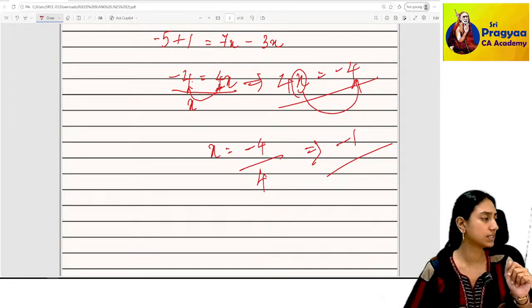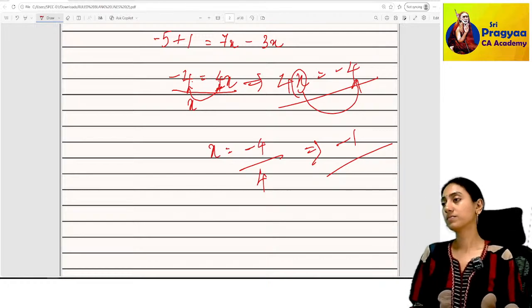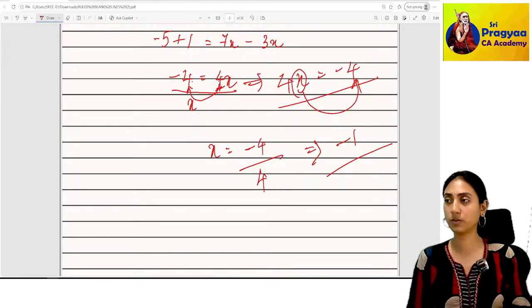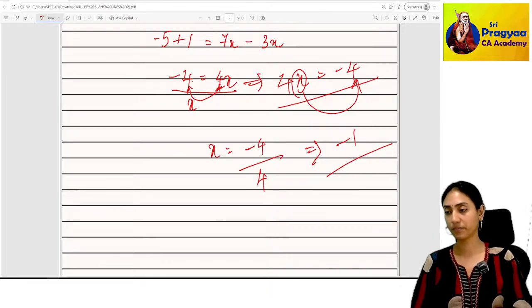I hear from Ritika that she is not able to see the screen. No, no, I can see the screen. Then Ritika, I think there's a connection error from your side. I will ask you to disconnect and connect back. Good morning. We started with the equations. You know what an equation is?